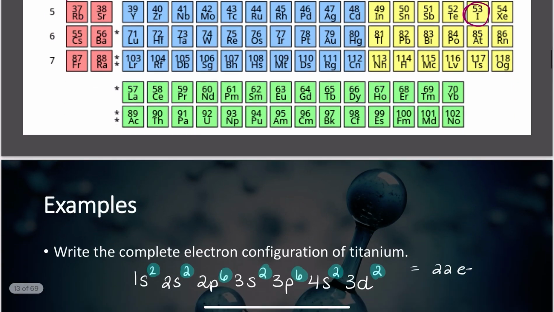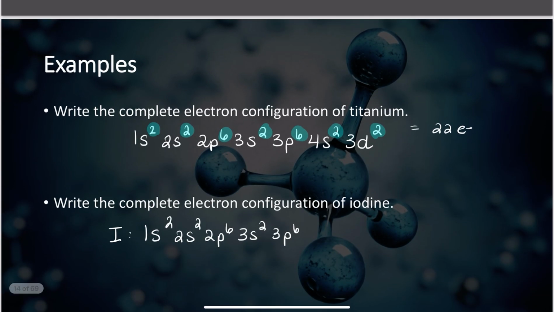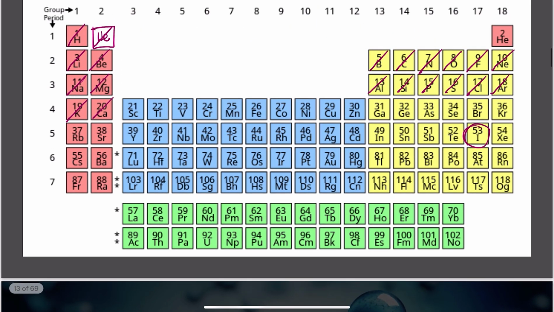4s1, 4s2. I'm about to enter the d block. I know that my d's start at 3. 3d1, 3d2, 3d3, 3d4, 3d5, 3d6, 3d7, 3d8, 3d9, and 3d10.